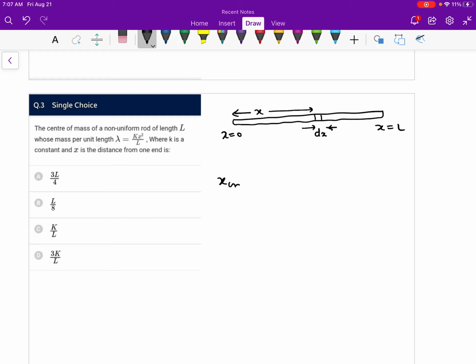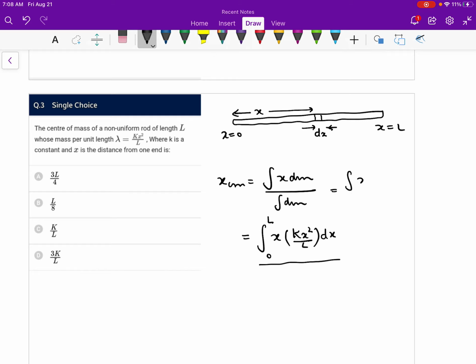So say x coordinate of center of mass is integral of x dm upon total mass integral of dm. So that is x, and dm is lambda dx, where lambda is kx square by L, integration from 0 to L. This is x into lambda dx upon lambda dx.